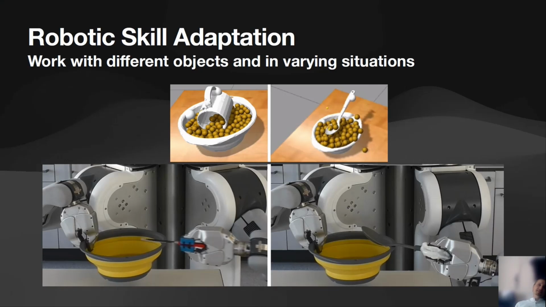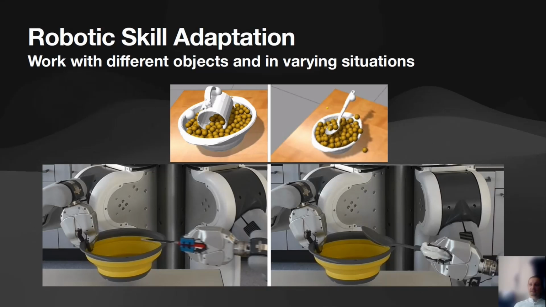But okay, so when I started this research journey, I joined Frank's group, and we were doing this research on how to adapt robotic skills. So how a robot could cope with objects that it has never seen before, how to use them in a creative way, how to cope with varying situations.